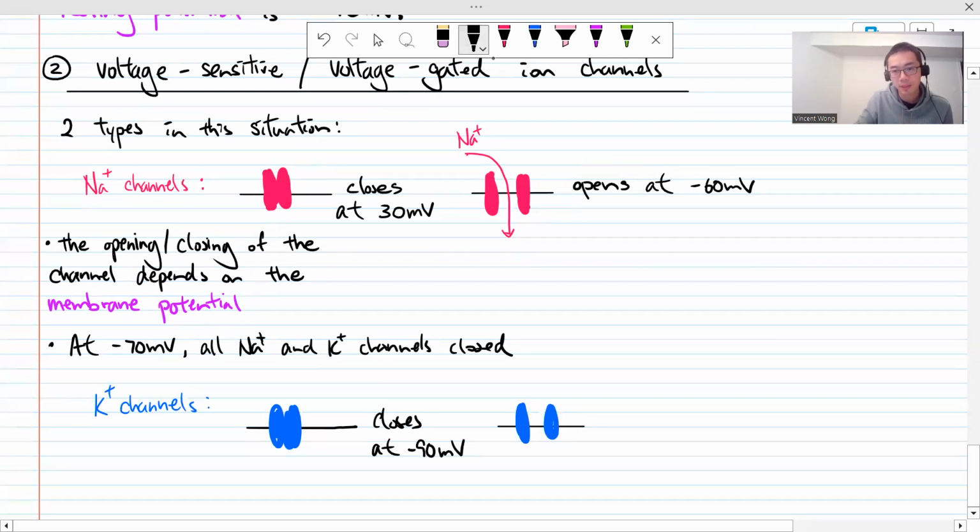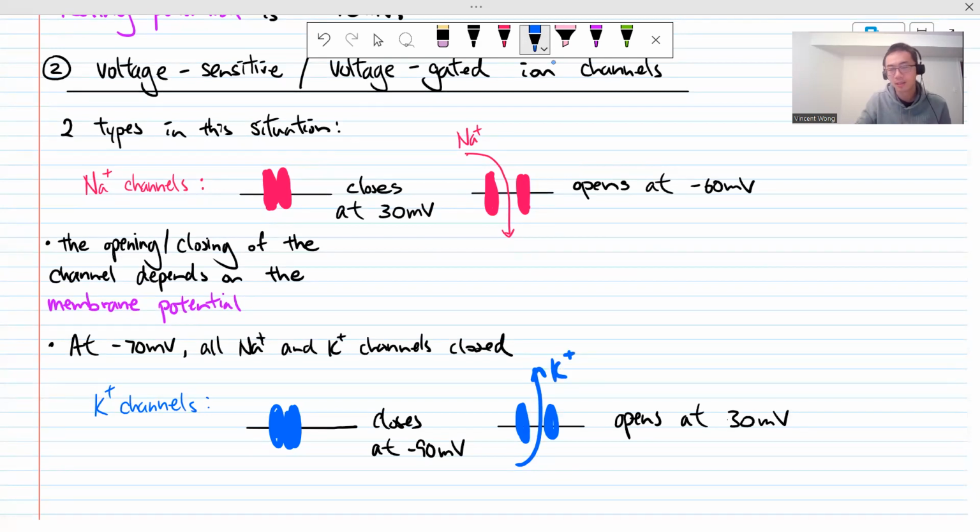And this one is going to be opens at positive 30. When it opens, then potassium can move through, right? Of course, the potassium can only move through the potassium gate, and the sodium can only move through the sodium gate.